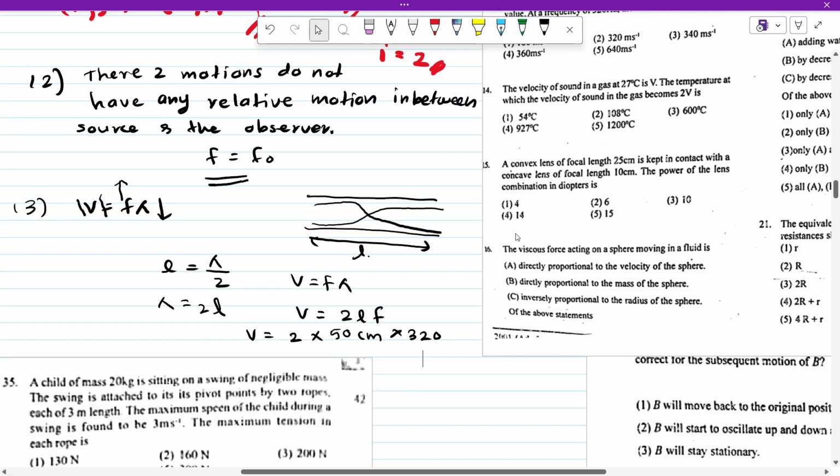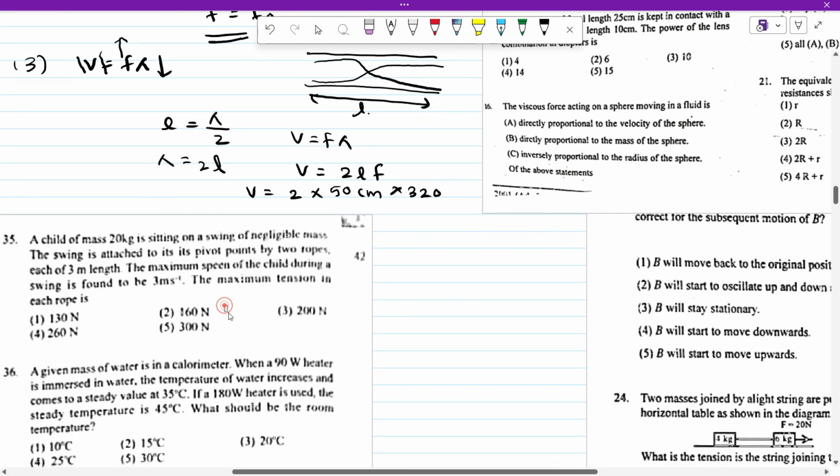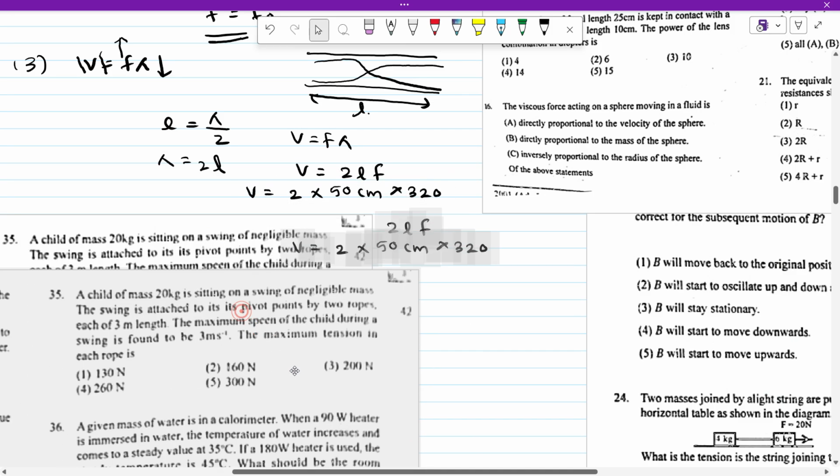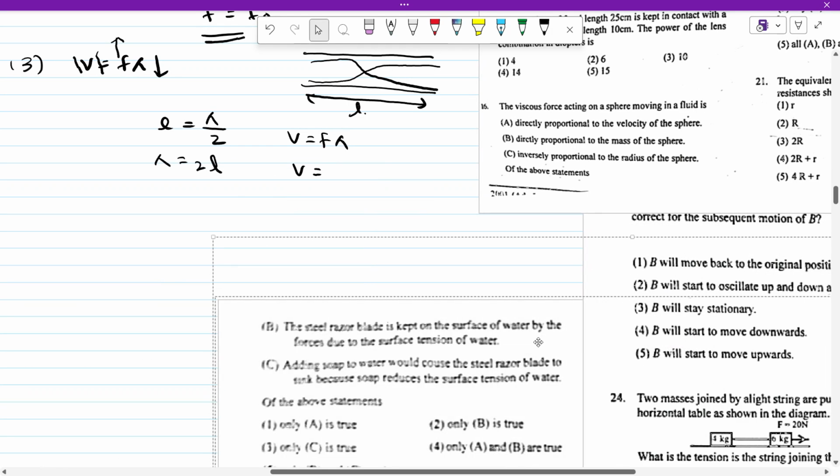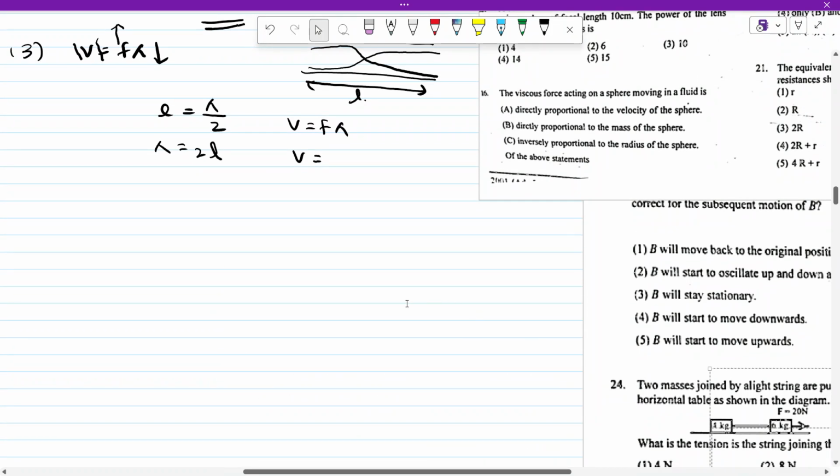Again, we must convert these centimeters into meters. So V equals F lambda, substitute this again in here.